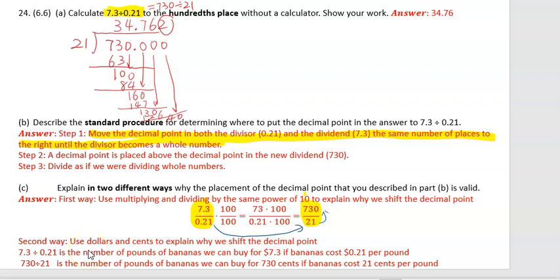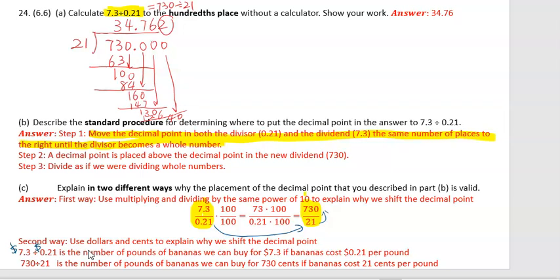The second explanation is, imagine both of these decimals as dollars, so we have $7.3 divided by $0.21. How many $0.21 are contained in $7.3?